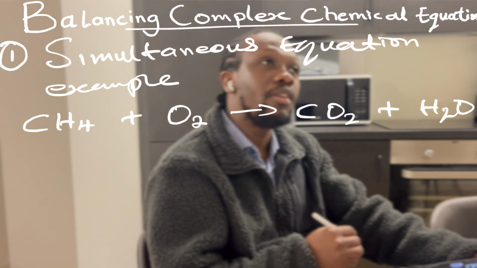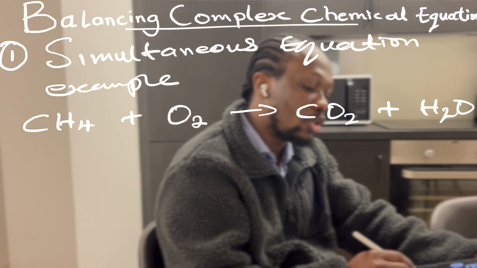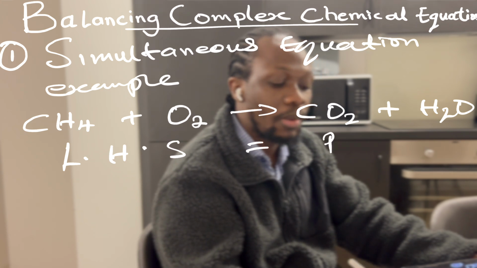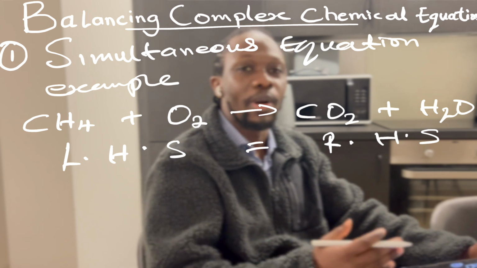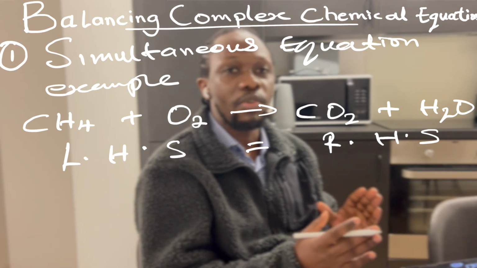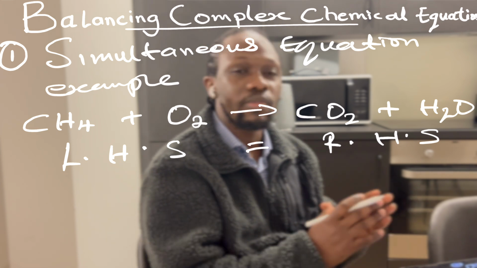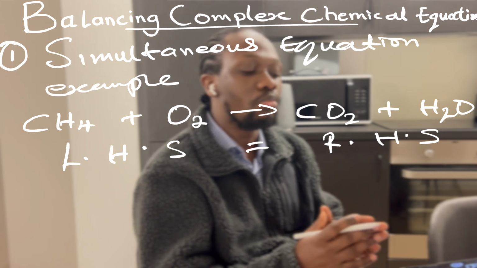Now, for every chemical equation to be balanced, it means that the left-hand side must be equal to the right-hand side. This happens for all chemical reactions, all chemical equations. They must be balanced, they must be equal. So what goes in, if you put in 50 grams of reactants, the same amount must be produced.